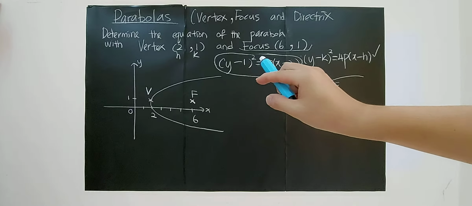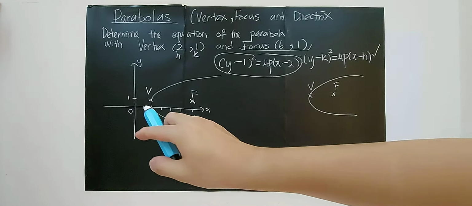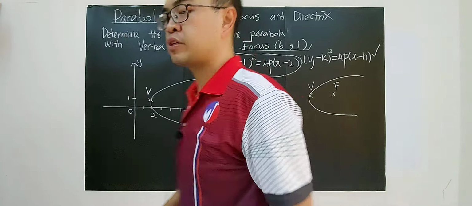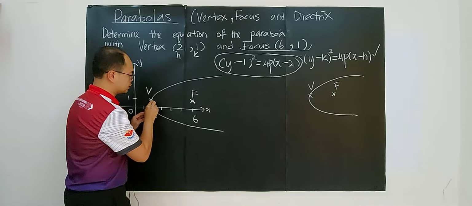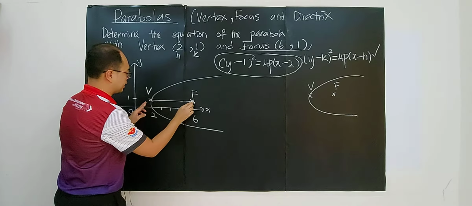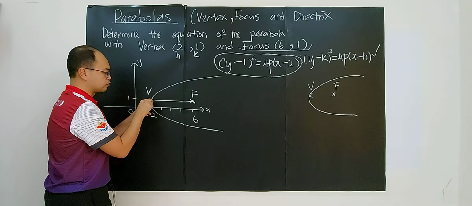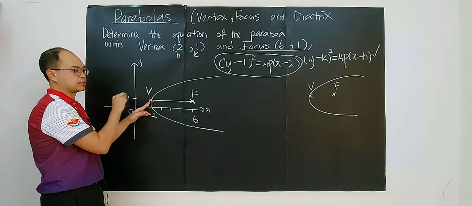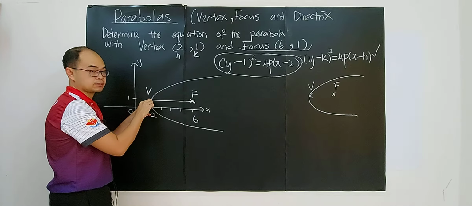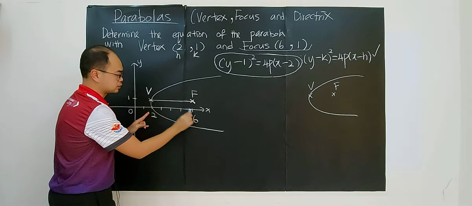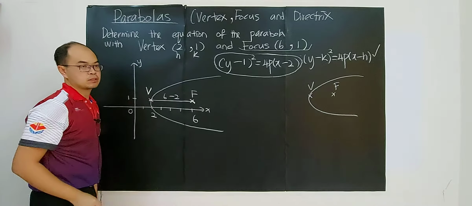Very simple. As you know, p is the distance between the vertex and the focus, as I taught you in the previous video. It can also be the distance between the vertex and the directrix, but this question involves the focus and vertex. So how do we find the distance? You see 2, this is 6, so it is 6 minus 2, which gives you 4.